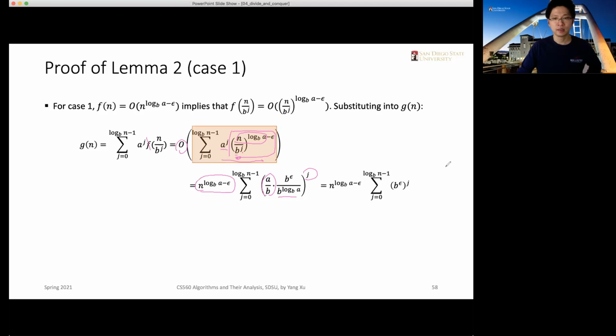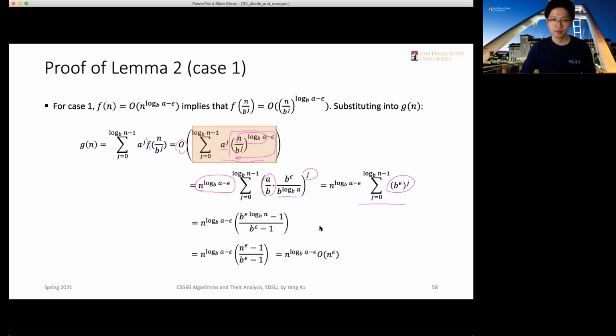It's the b to the power of epsilon. So it's actually a geometric series. It's actually a geometric series, and we can use the formula for the summation of geometric series to compute it. So it's actually something quite simple.